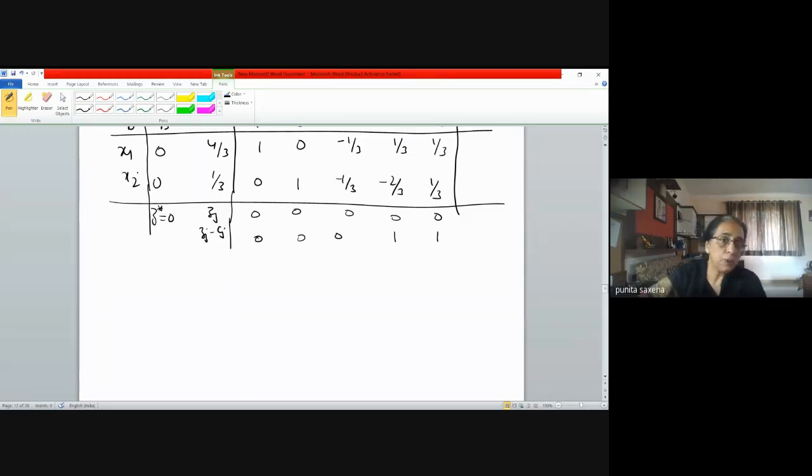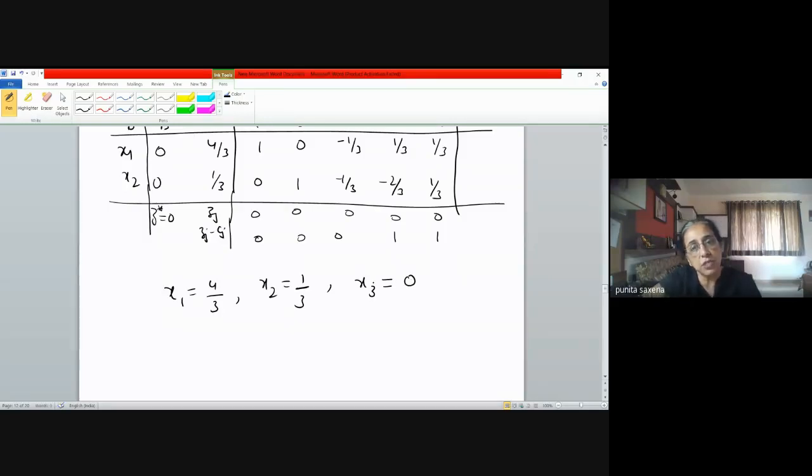Now, we were not to optimize any given function because we didn't have an original objective function. We were to solve a system of linear equations, and what are the values that we are getting from here? x1 is 4 by 3, x2 is 1 by 3. But there was an x3 present, which has turned out to be a non-basic variable in the process. And what do we do with the non-basic variables?